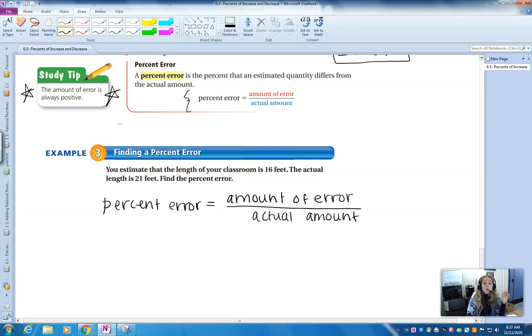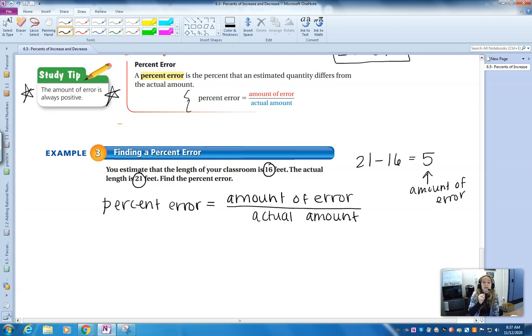Okay, so the amount of error, we're going to need to subtract first, okay? So what we're going to do is we're going to take 21 and subtract 16 by it. That's going to give us the amount of error. 21 minus 16 gives me 5. 5 is the amount of error, okay?